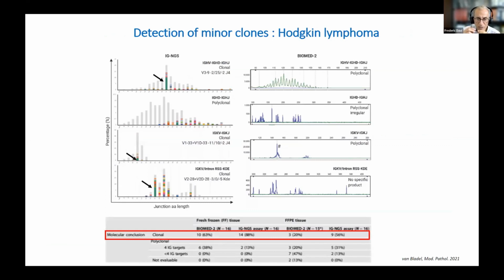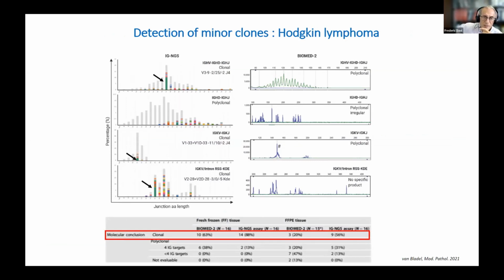So are we going to use this and is that going to replace clonality? I'm not sure, but I can see some cases where it's really useful, because PCR GeneScan is really simple and very robust and cheap.